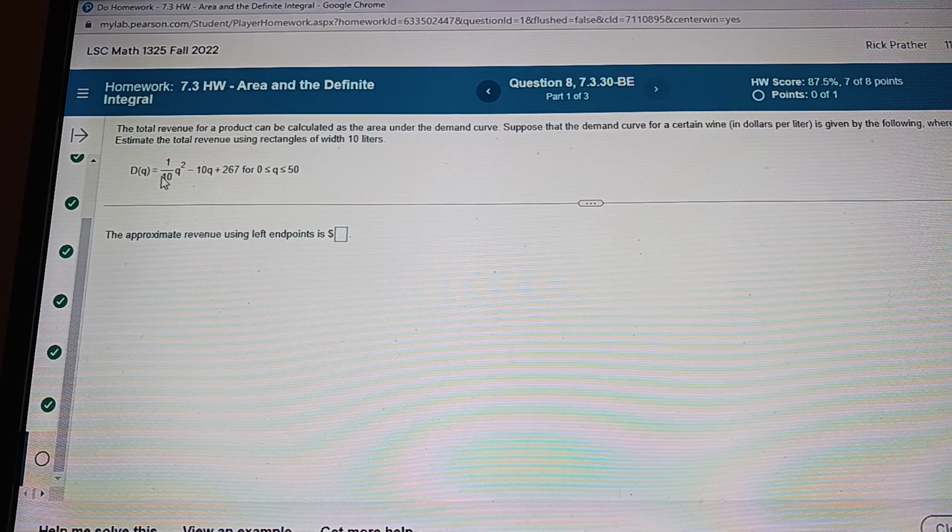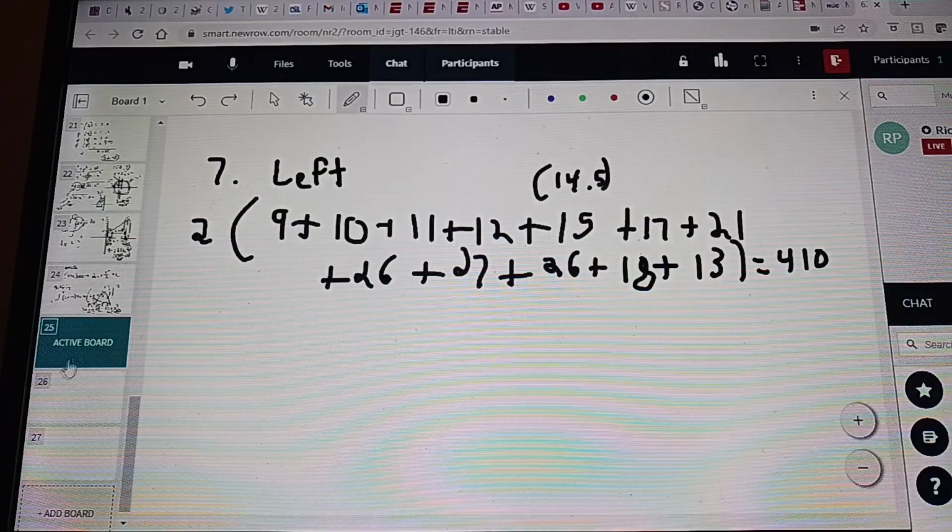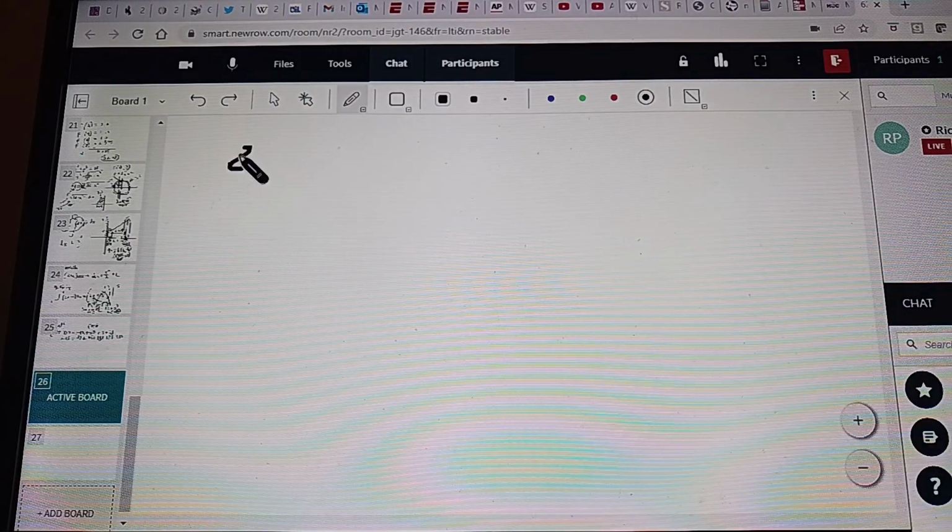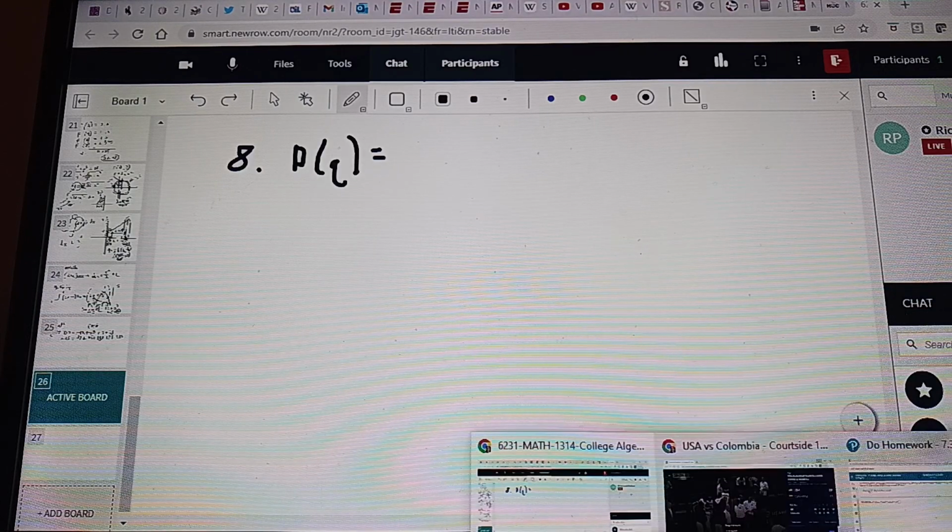Okay, demand curve. Here's a demand curve from business. And our quantity is somewhere between 0 and 50. So there's my range to work between. And they want widths of 10. So number 8, last problem. We have a demand function from business. What's the demand for our product?